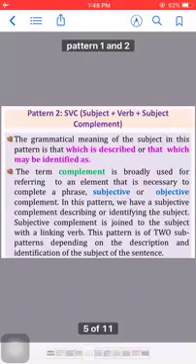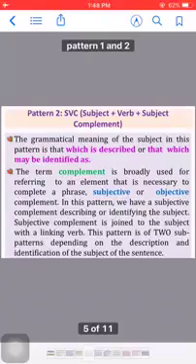So here in pattern number 2, we are going to see the grammatical meaning of each element. How many elements do we have? We have 3 elements: the subject, the verb, and the complement. What do we mean by the complement here? We mean the subjective complement.